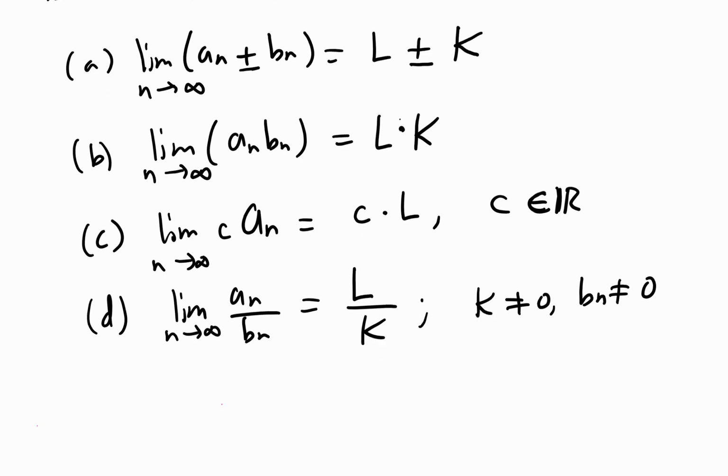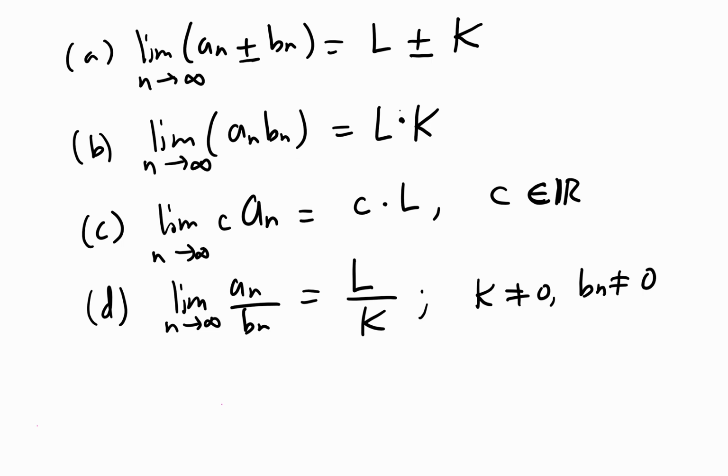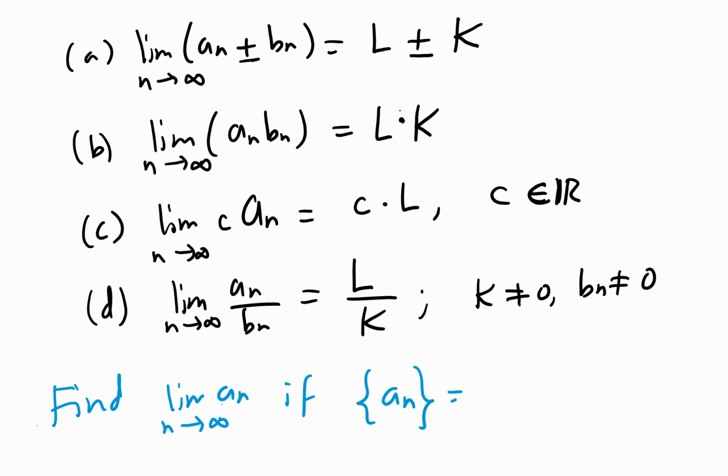Those are the standard limit laws that we learned in Calc 1. So if they ask us to find the limit of a sub n as n approaches infinity, and a sub n is given as, let's take a very easy one, 2n over 1 minus n.